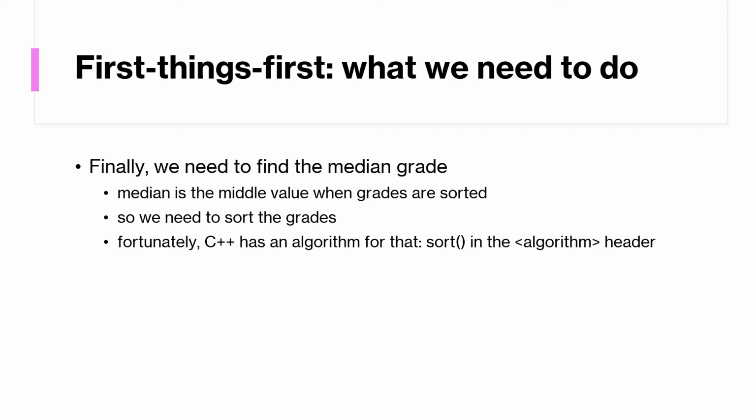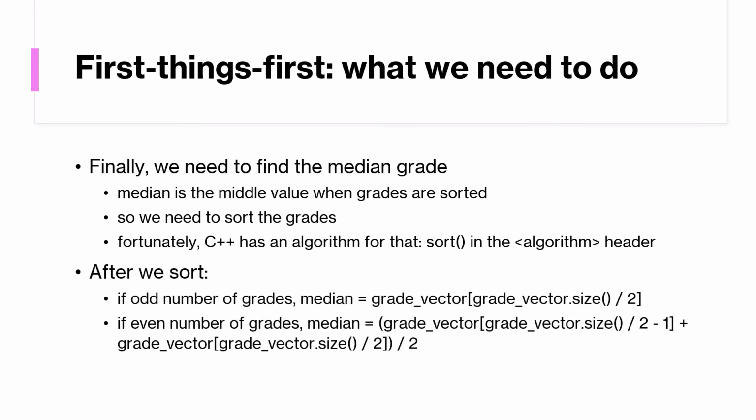Okay, and then finally, we want to find the median grade. Median is defined as the middle value when the list of values is sorted. Okay, so we need a way to sort the grades. Fortunately, C++ has an algorithm for that called sort, a function called sort in the algorithm header. After we sort, if there's an odd number of grades, median is simply the middle value.